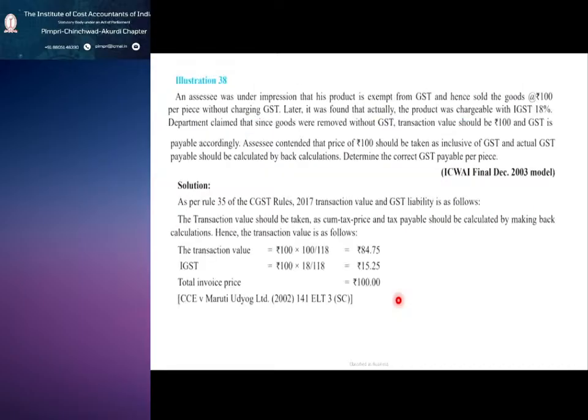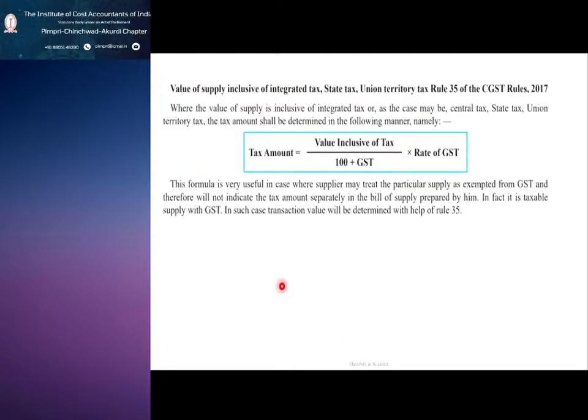Yes, we'll see this one, but it is a known case only. Nothing is different here in this rule 35.